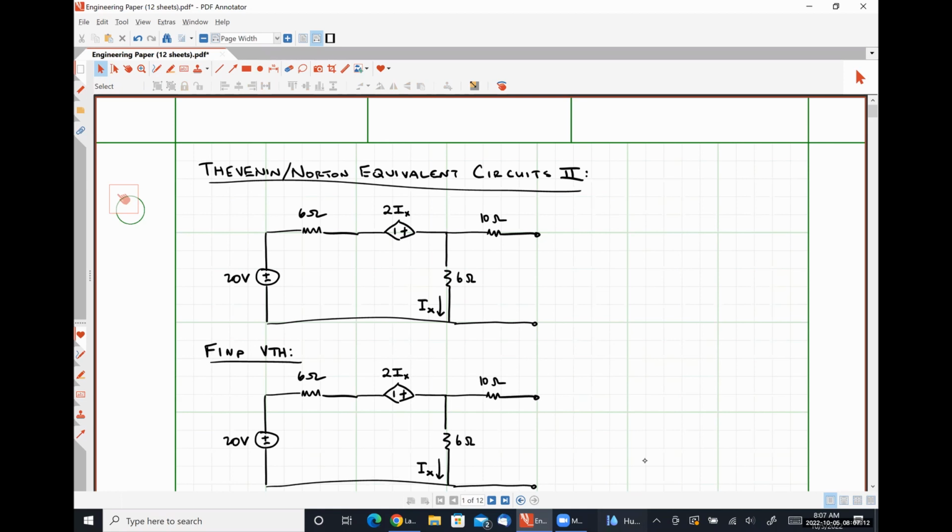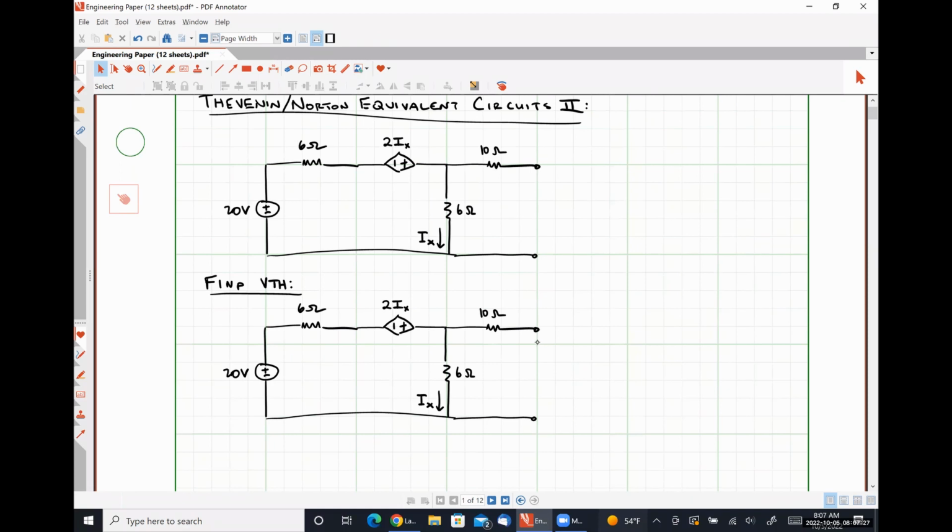So anytime we're finding a Thevenin equivalent voltage, we are looking for an open circuit voltage, and conveniently enough, I have provided you with an open circuit at which we are going to make this measurement. I have also specified that the positive polarity reference is on top, which means that our Thevenin voltage, VTH, is simply this quantity.